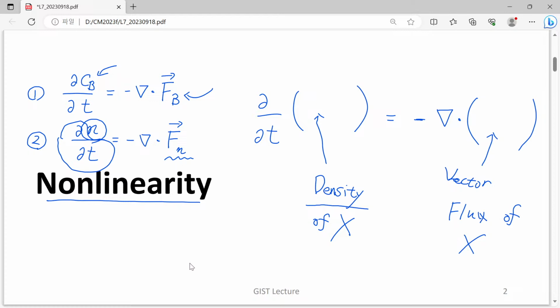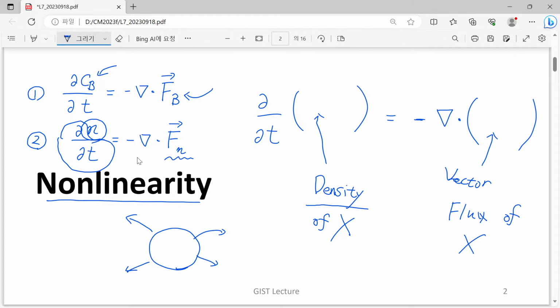If electrons are escaping from a certain position, then this quantity becomes positive. So what will happen? The net number of electrons will decrease. That's the reason why we have a negative sign here.